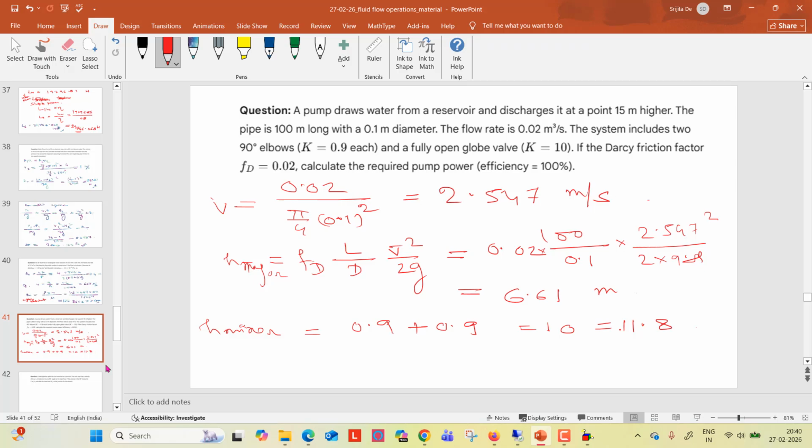This is the total K. So H minor will be the summation of K, that is 11.8, into U square by 2G, that is 2.547 square by 2G. So it is coming as 3.91 meter.